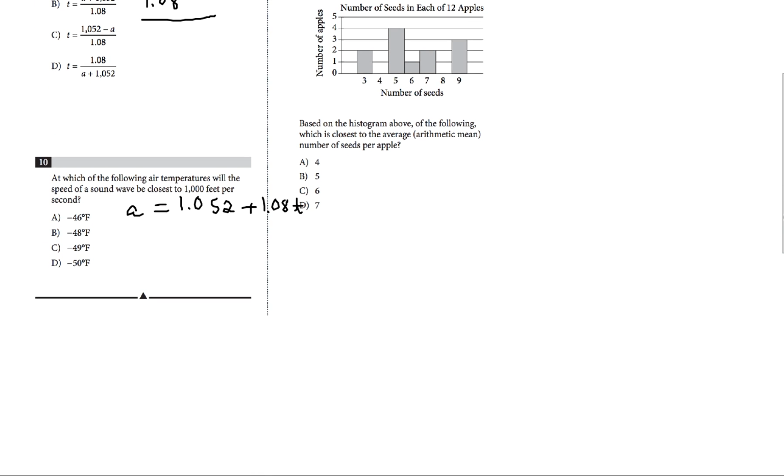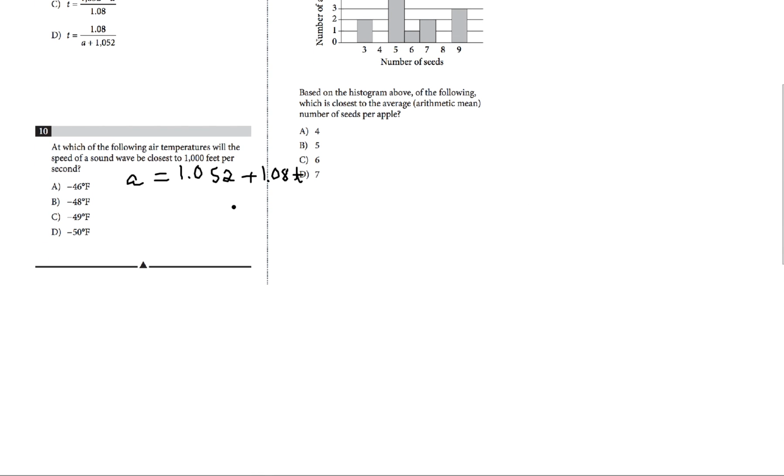So the air temperature of a sound wave closest to 1,000 feet per second. We're supposed to find T. So I'm going to put 1,000 in for A: 1,000 equals 1,052 plus 1.08T.